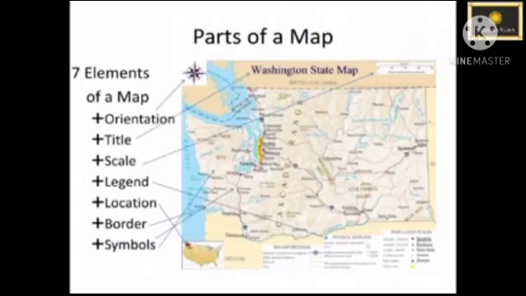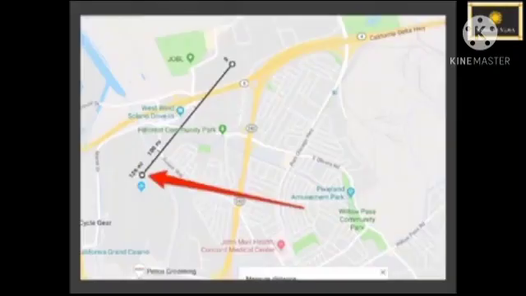So, let's study about these languages of maps. Distance scale. While making a map, the cartographer carefully represents the distance between two places. This helps us in finding the actual distance between the two places.